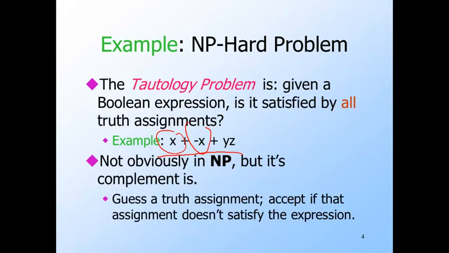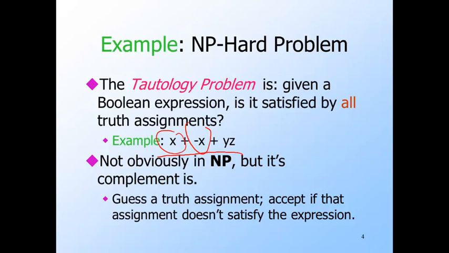On the other hand, its complement, the non-tautologies, including those inputs that don't make sense as Boolean expressions, is in NP. We use the non-determinism to get a truth assignment and evaluate the expression in polynomial time for this truth assignment. If the value is false, then the non-deterministic machine accepts its input.